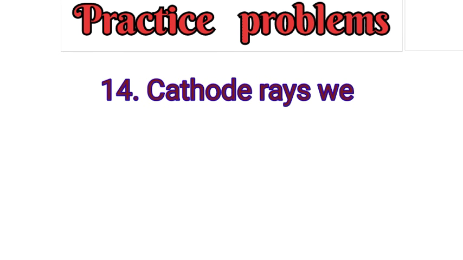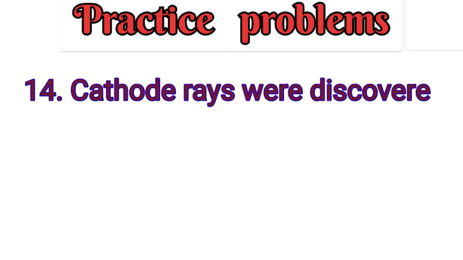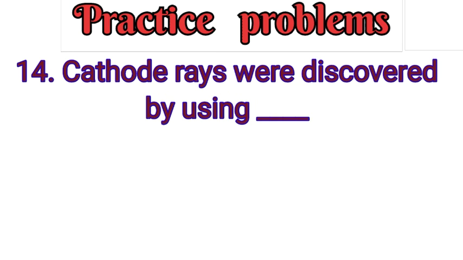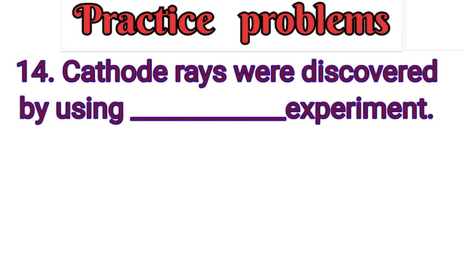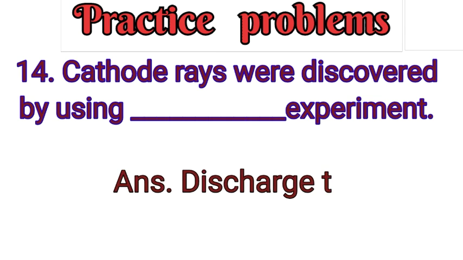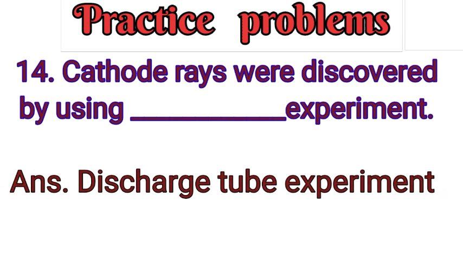Next, cathode rays were discovered by using which experiment? So I have already discussed this experiment in a very detailed manner. Okay, so you must be remembering this. So it was the discharge tube experiment.